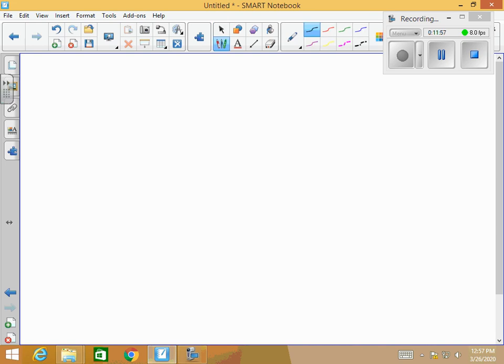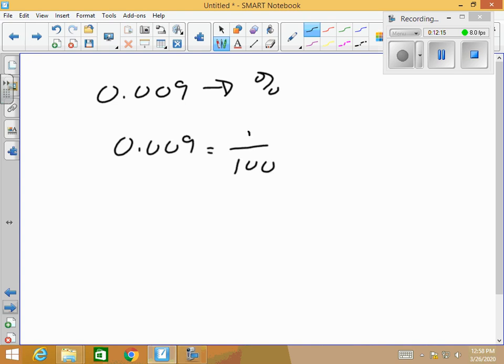Okay, so let's go a small decimal. Let's go 0.009 and let's make that into a percent. Well, my numbers just keep getting smaller and smaller and smaller. Yes, it's still move it 2 places to the right, tag it with a percent, or direct proportions. And we get 0.009 times 100 is equal to, in this case, n.